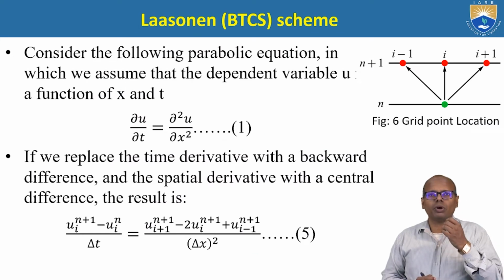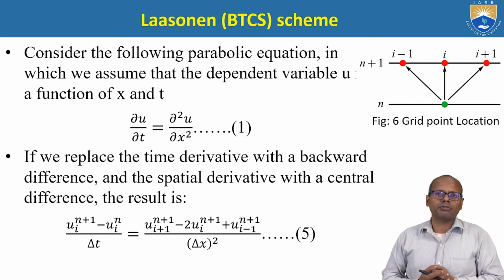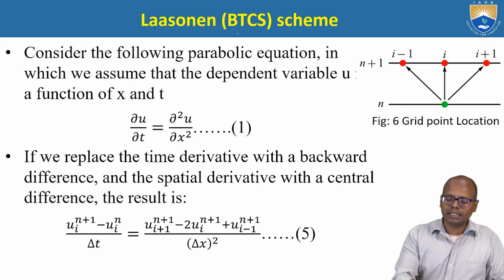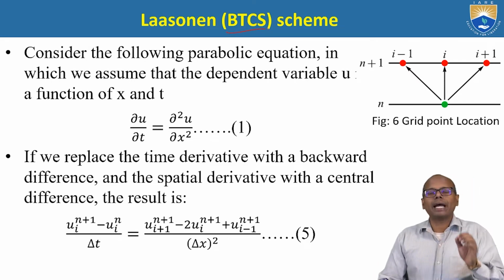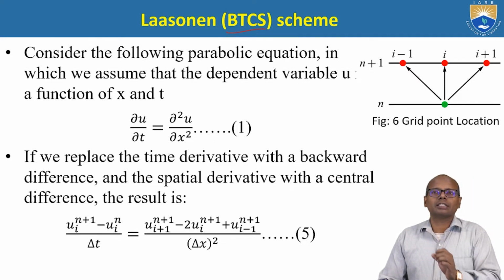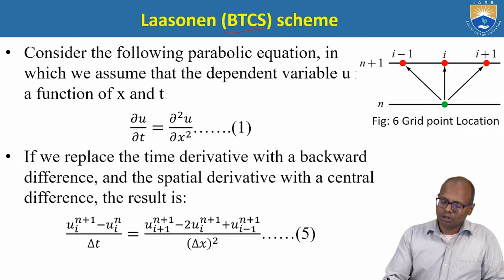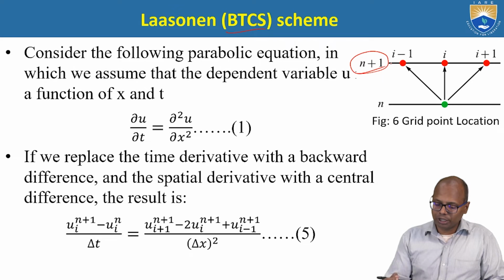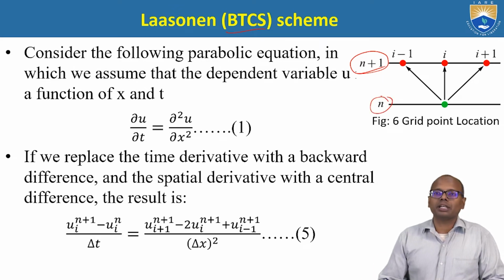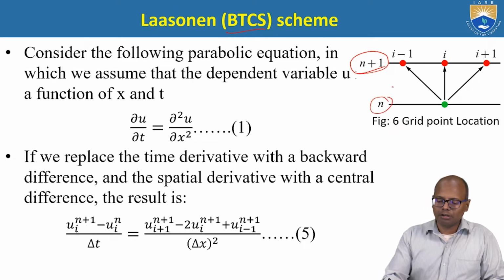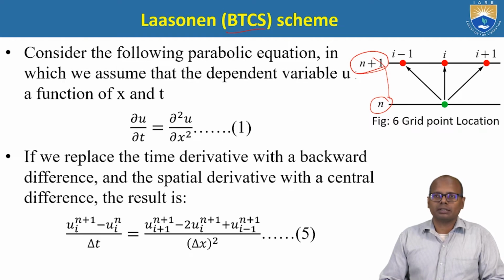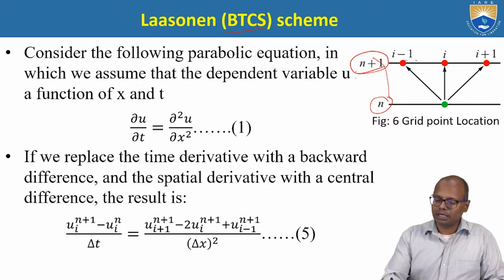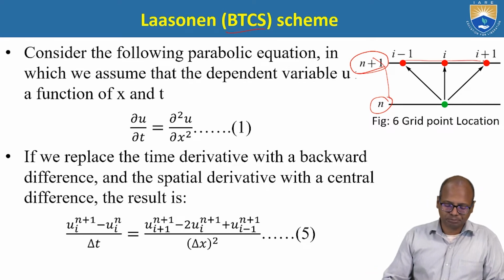So this is the first method of the implicit scheme. What is this scheme? This is backward in time and central in space. Here we are at the n plus 1th time, but we are going back and using the nth term. So it is backward in time and central in space.